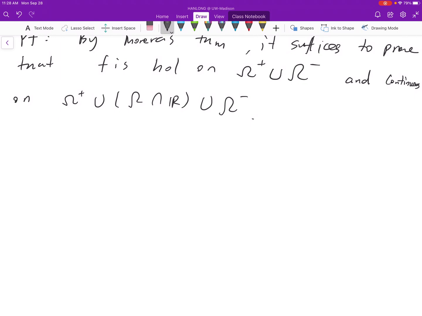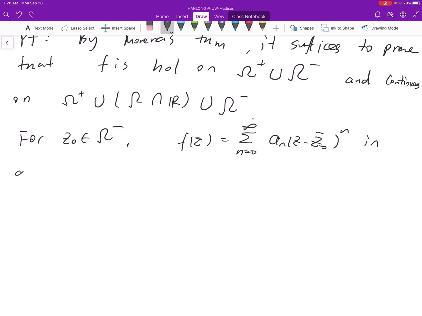Okay, so first notice that for any point z0 in omega minus, f(z) has an expansion, the sum of a_n (z minus z0 bar) to the nth power, in a small disk |z minus z0 bar| less than r, which is contained in omega plus, where r is positive.